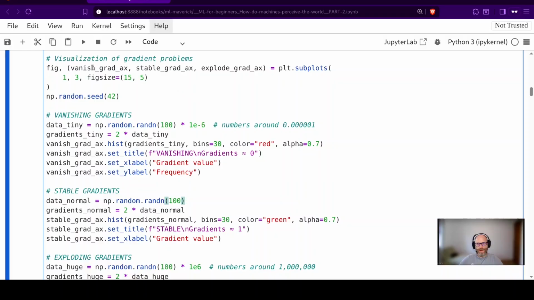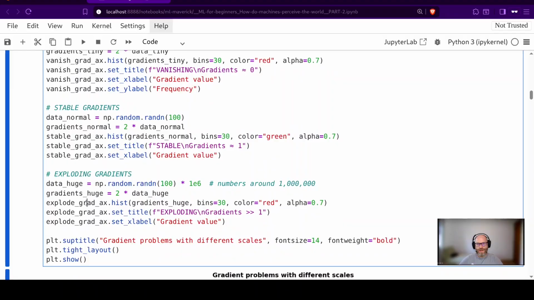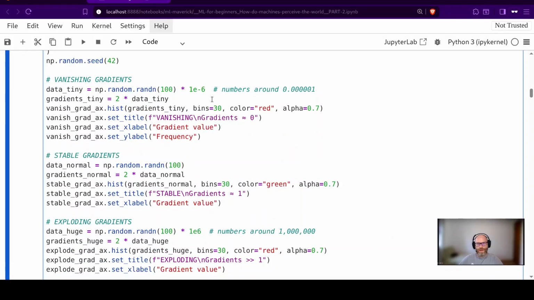Each of the plots is from subplots: vanishing gradient here, stable gradient here, exploding gradient here. Gradients are just the derivatives, and here we have 2 times any data, since it's from x squared.